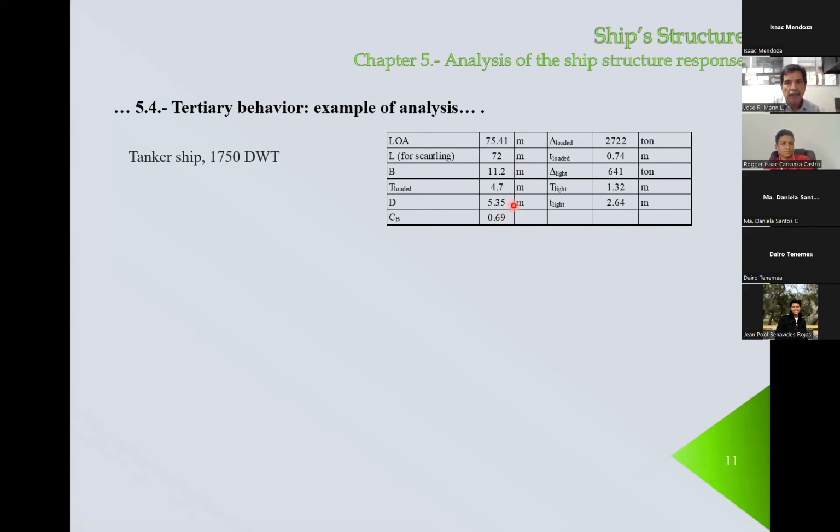This is the depth, and this is the draft when it's loaded. So you can see that, what's the name of the difference between these two? Ms. Valdez, if I calculate this minus that, what's the name of that parameter of the hull? Freeboard. Yes, that's the freeboard.